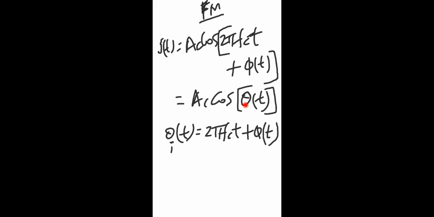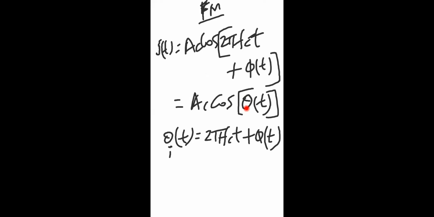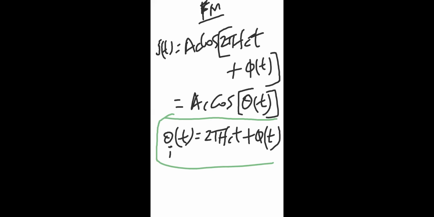So this is the final equation we had: theta of t is equal to 2 pi fc t plus phi of t.